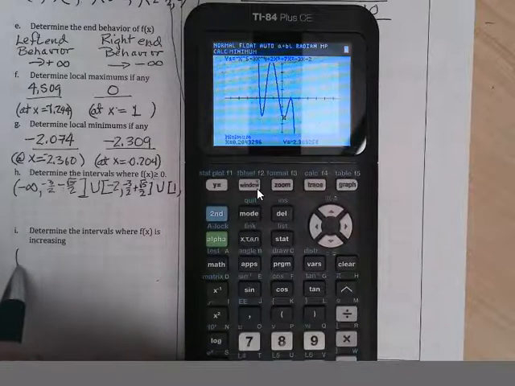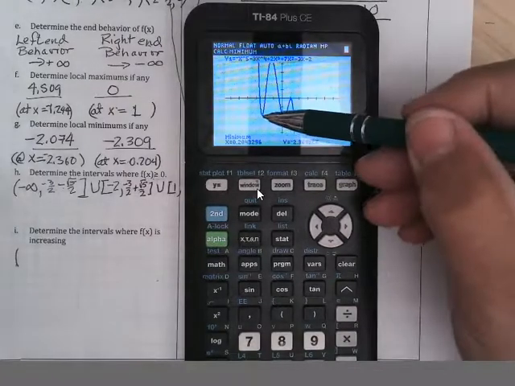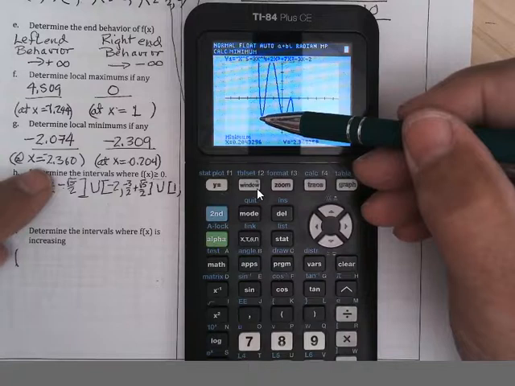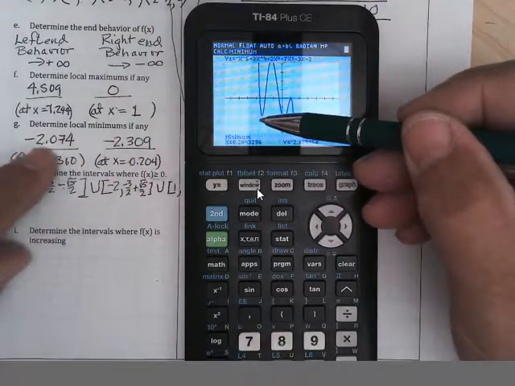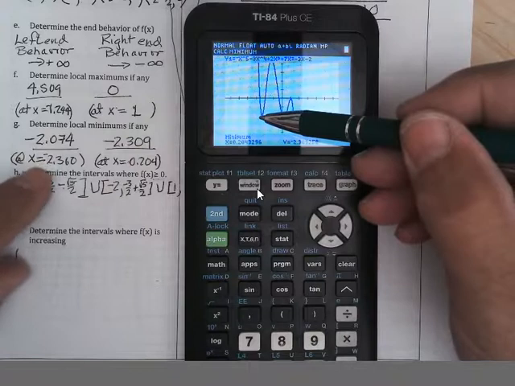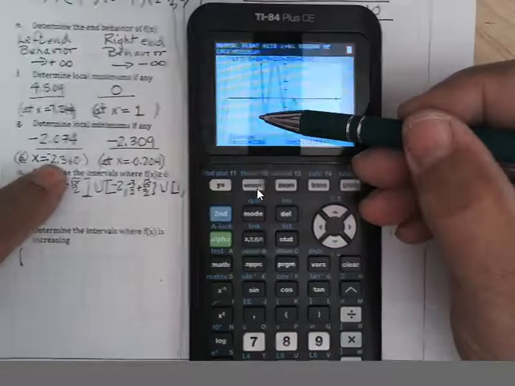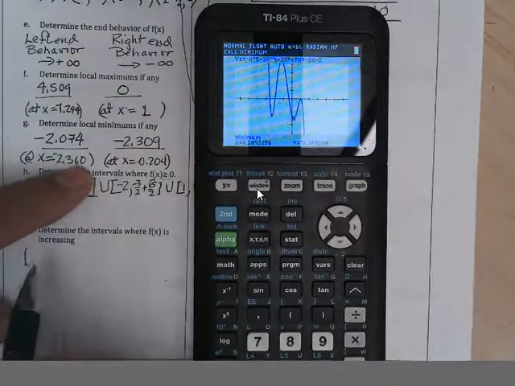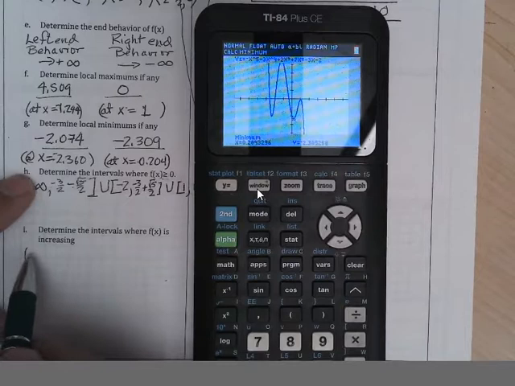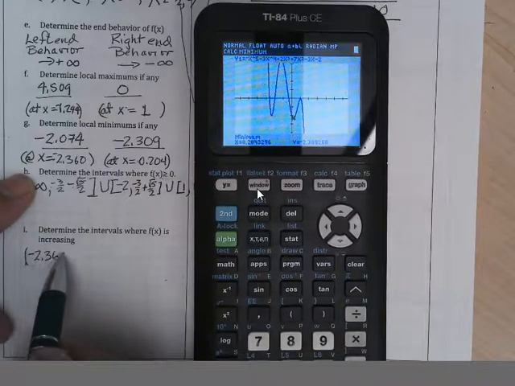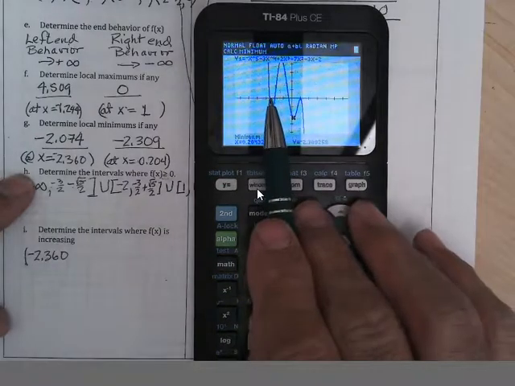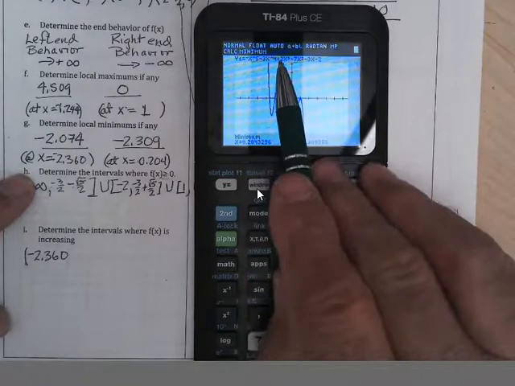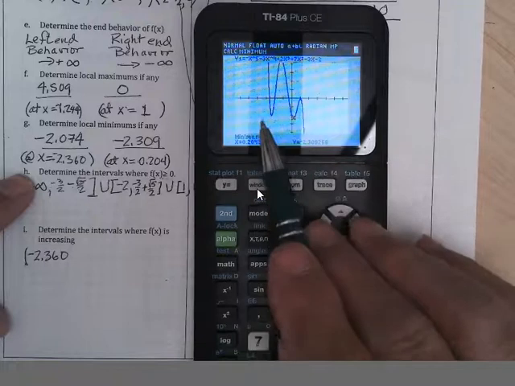So that's why this one is open parenthesis. And that low spot, here's why it's good to keep these. This low spot of negative 2 happens at x equal negative 2.360. So that's where I'm going to start my low spot, negative 2.360.